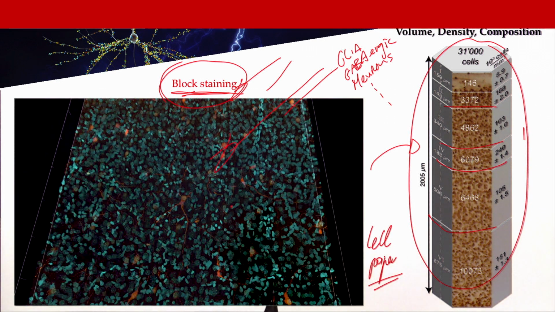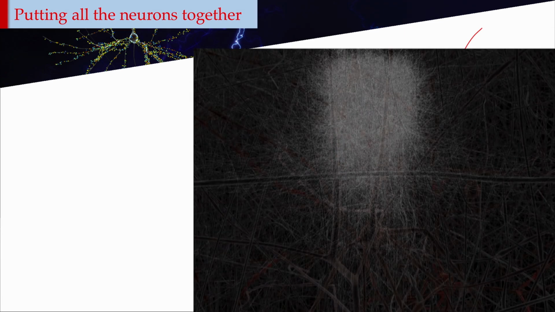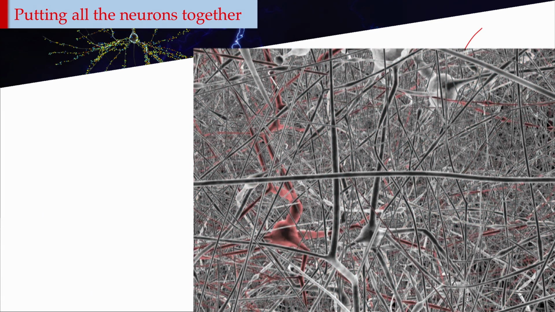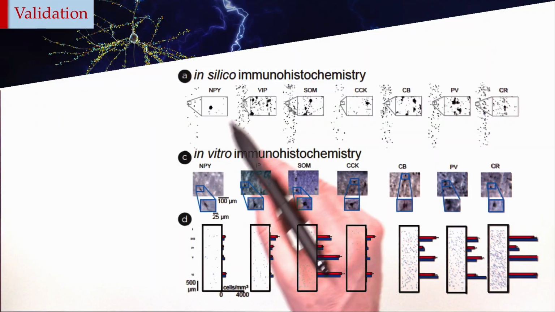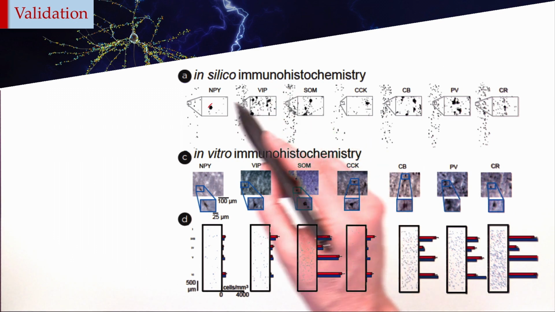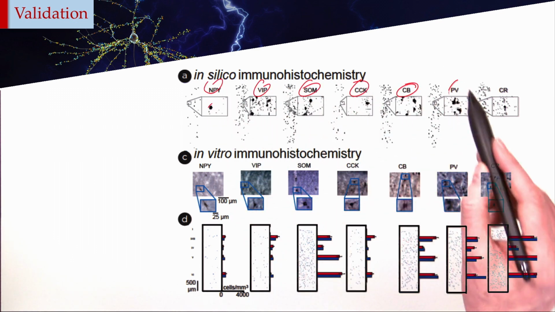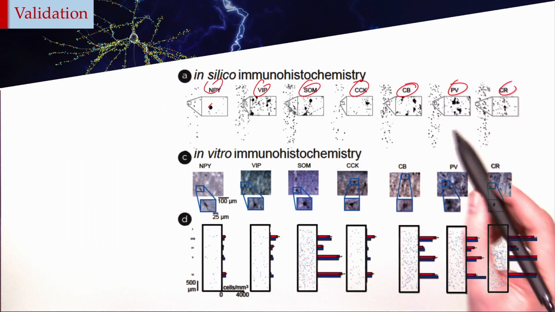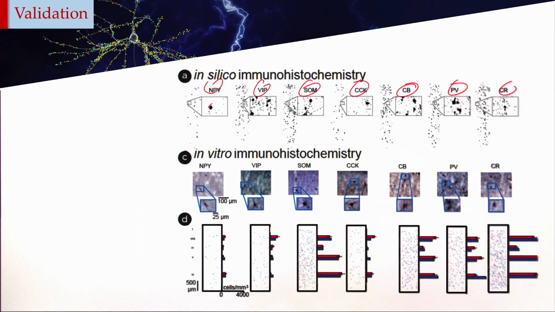to make sure that you really do know how many neurons there are in a particular part of the brain. Okay, so here's a movie showing you that you put them all together. We're going to come back to this much more in the future. And here again you have the in silico staining of each of these different peptides. It's not important what they are. It's just that you have many different peptides, and each neuron is stained according to those maps that I showed you before.